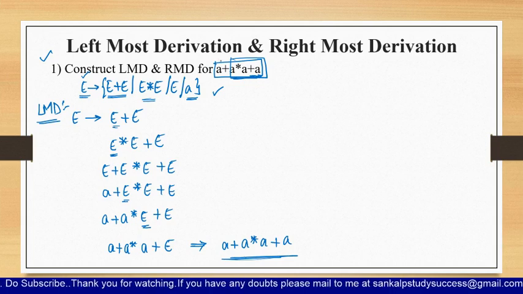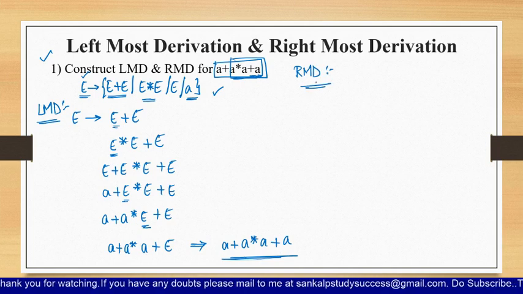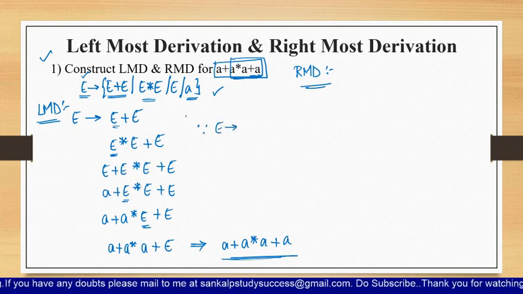Now we are going to solve it for rightmost derivation. See here, in the exam point of view, if we are going to solve this problem in our semester exams, then wherever we are going to substitute here, you need to write that we are substituting in the place of E, where E tends to E star E here, right?